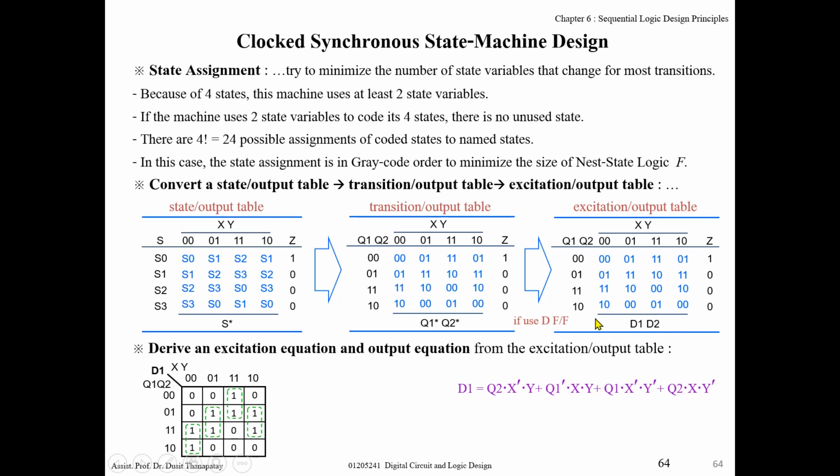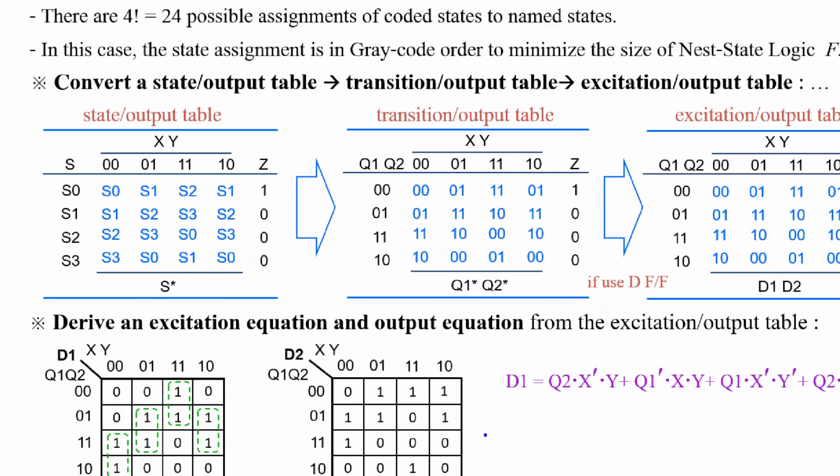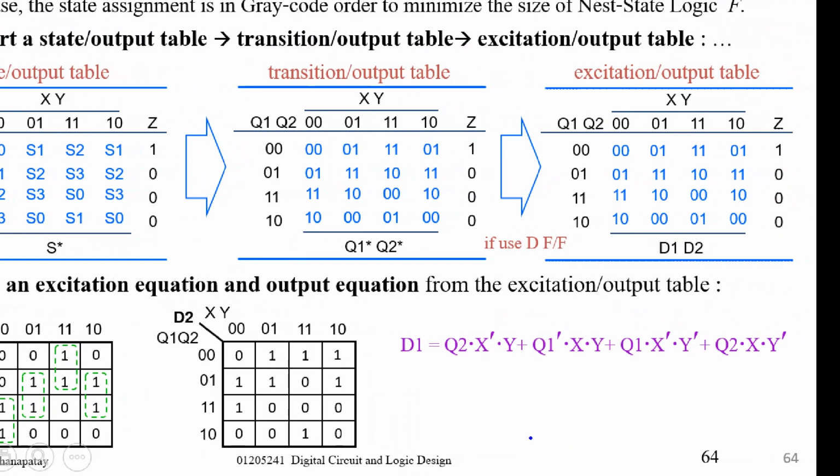For D2 also, you just write the value of D2 from the excitation table into the Kmap for D2. After that, you use this Kmap to find the equation for D2. For example, this one is x and y and q2 prime, right?